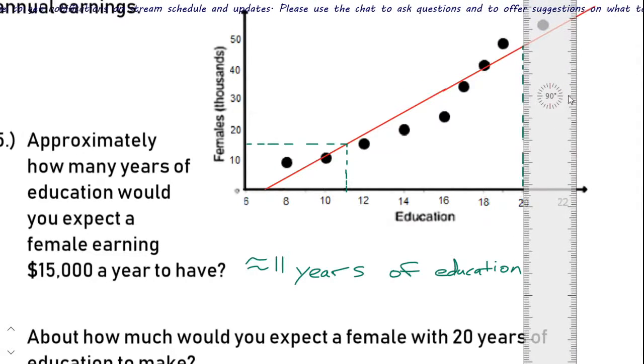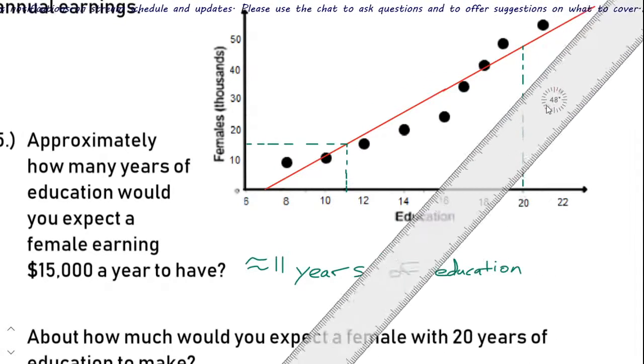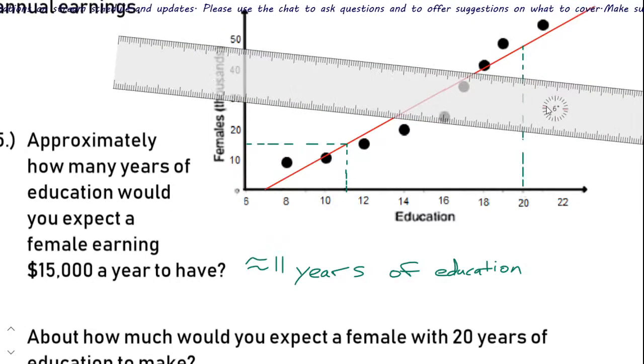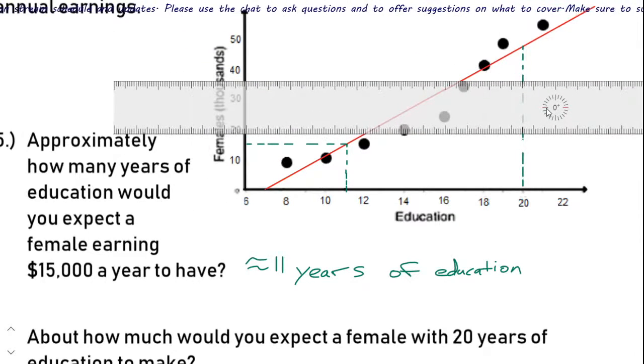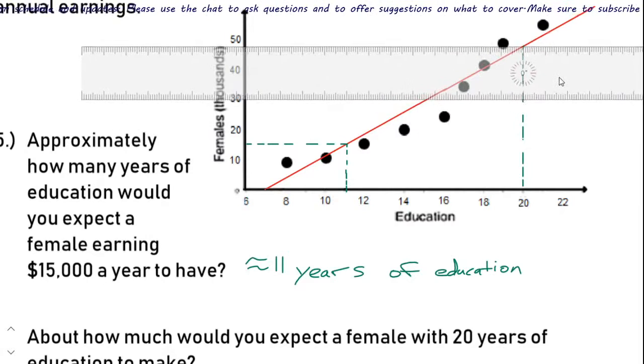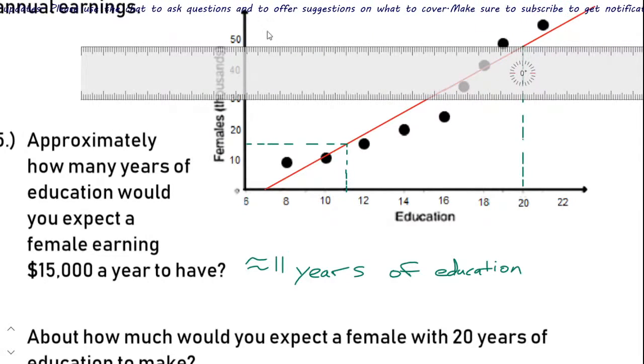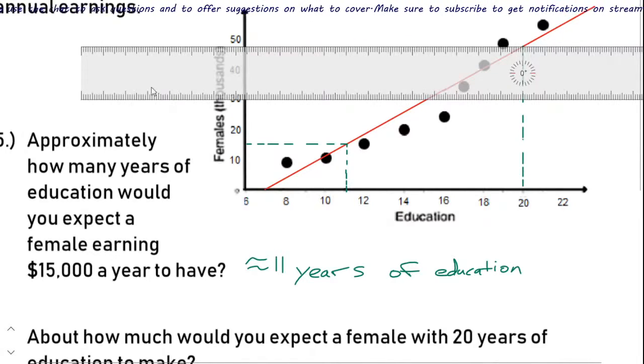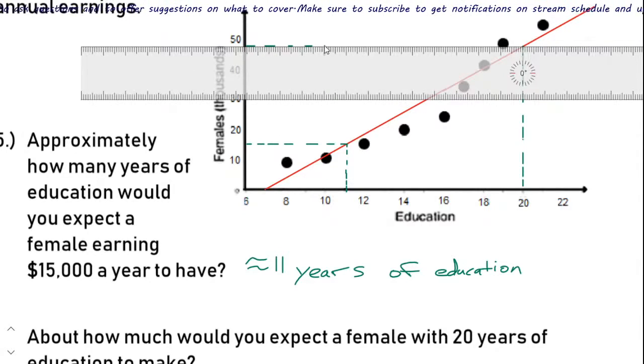And then we're going to rotate this so it's at 0 degrees, so we're going to go straight to the y-axis. Again, I'm going to use my ruler to guide me over there.